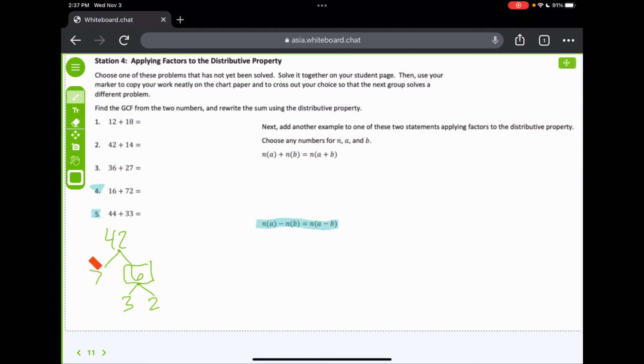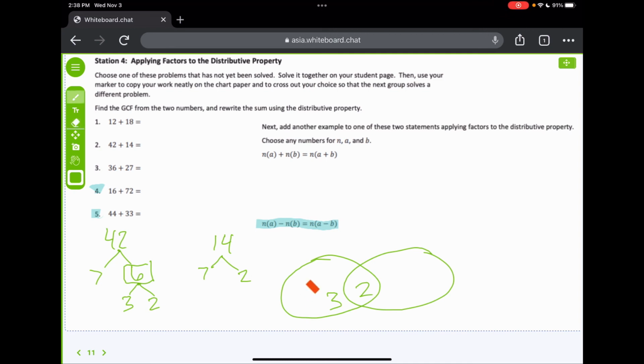But we have 6 where it's 3 and 2, so let's do 14. We have another 7 and 2. Oh, we have 7 on both of them actually.